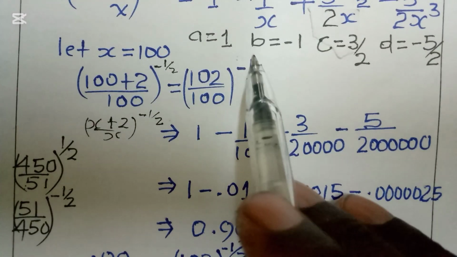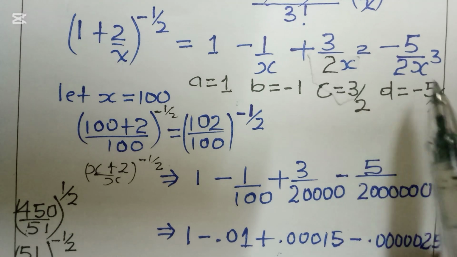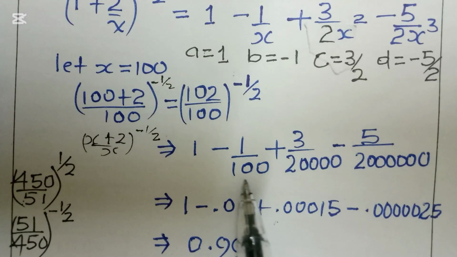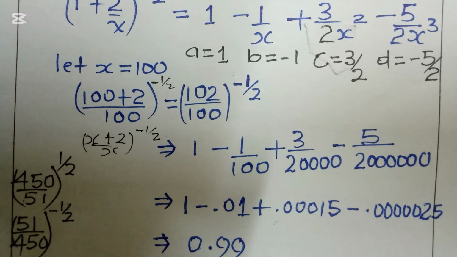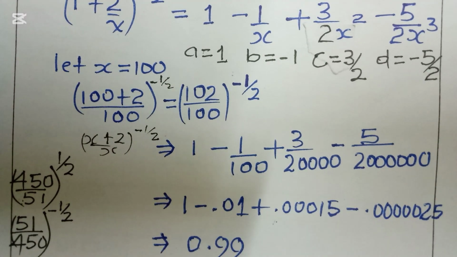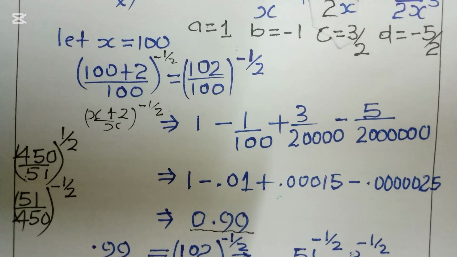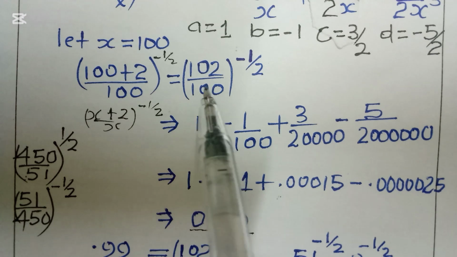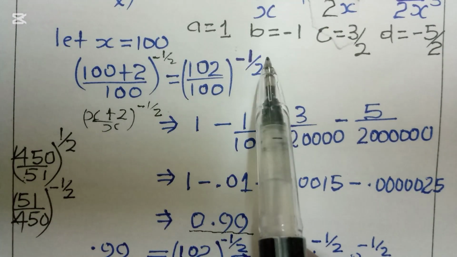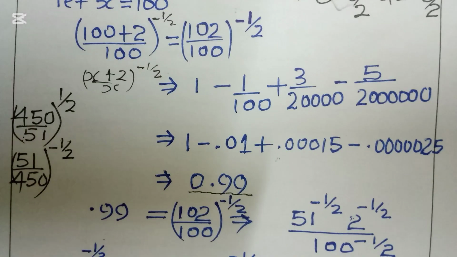So, guys, you use that equation. Now you put 100 here, you put 100 squared, and here you have 100 cubed. So, guys, that's what we have put here. After putting that, now this is our solution. So this solution is actually now 102 all over 100 in bracket raised to a negative a half, just like I have shown here, guys.